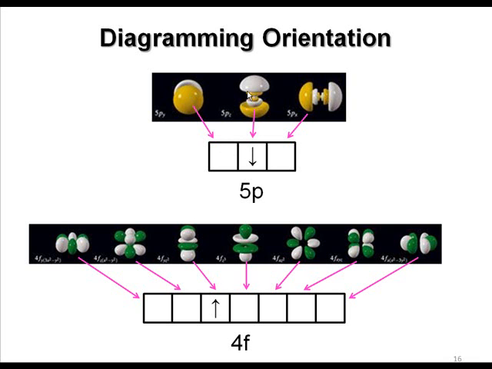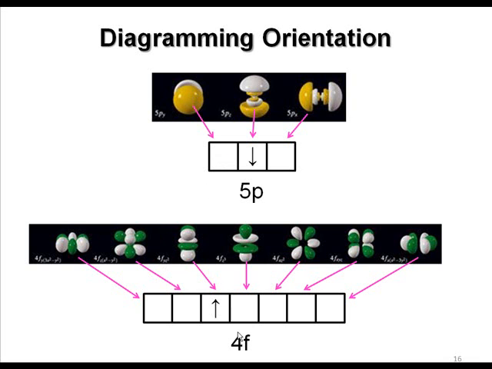This box represents this orbital. And of course, this box is this orbital. So there are 3 different p orbitals, x, z, y. Into each of those orbitals, I can fit a maximum of 2 electrons. And we represent the electrons as a spin up or a spin down.